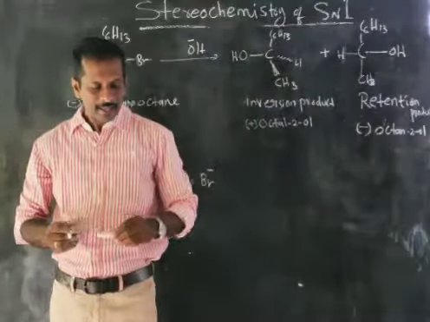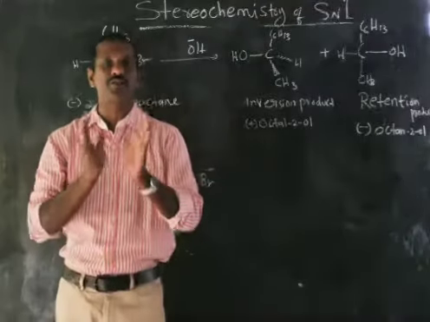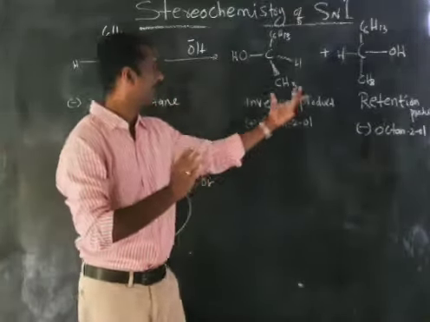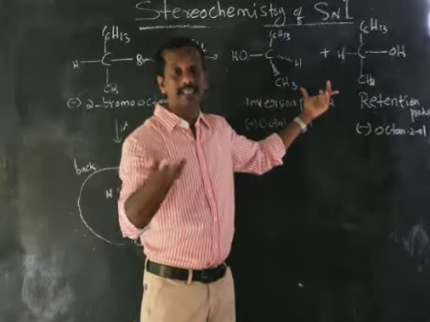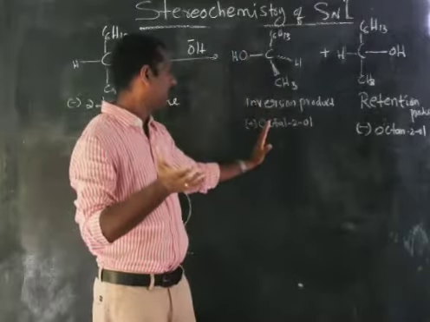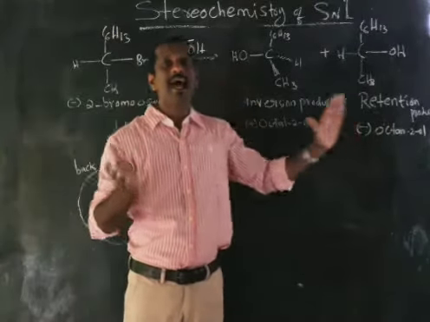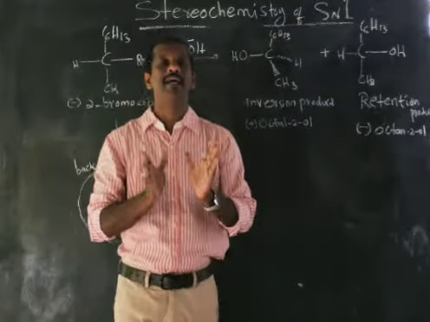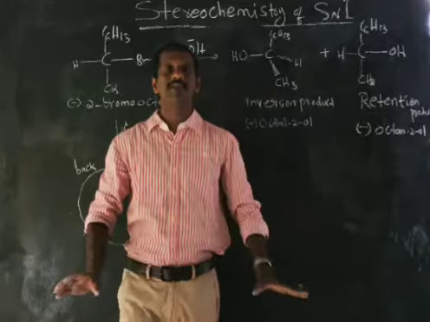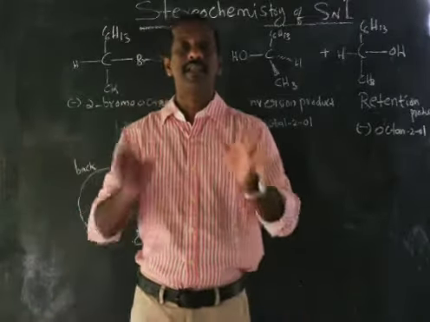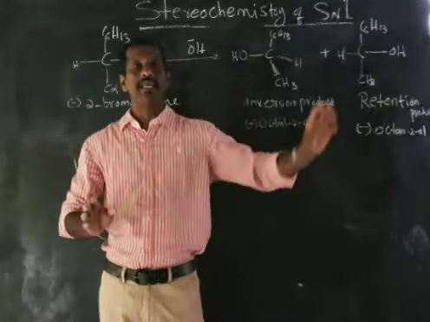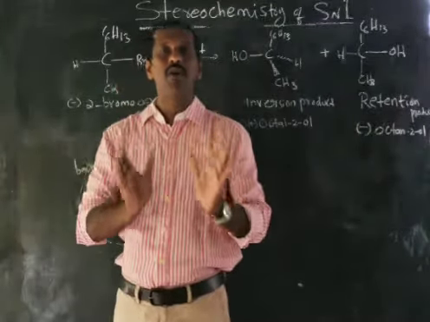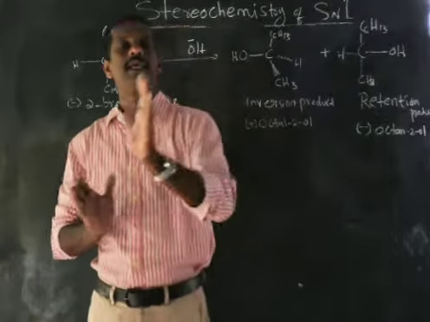That means SN1 reaction is associated with racemization. We get a racemic mixture, 50% plus and 50% minus. SN1 reaction is associated with racemization because in the case of SN1 reaction, the backside attack and the front side attack are equally possible, and we get an equimolar mixture of positive and negative isomer.